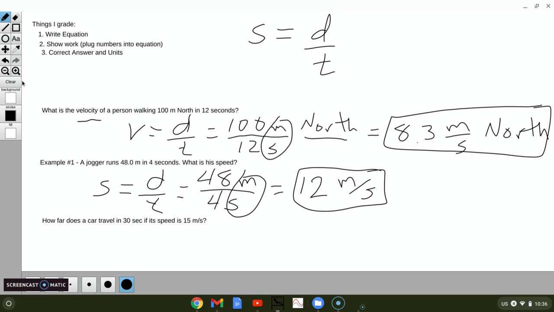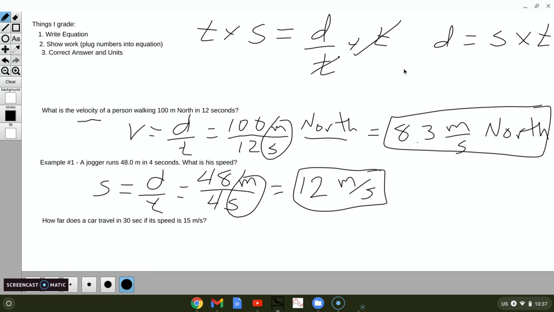If I were to multiply both sides by time, what ends up happening is the times cancel. And what I'm left with is distance is equal to S times T.